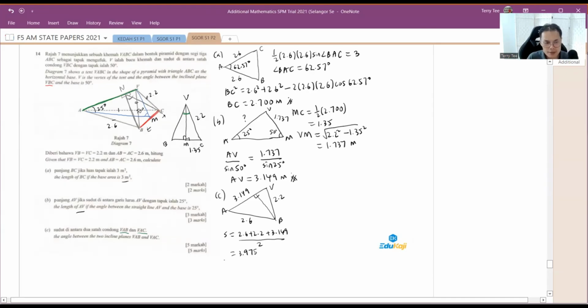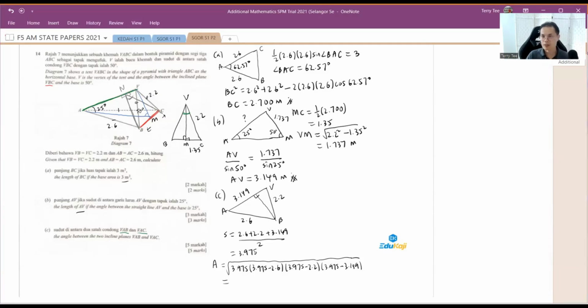Your area, remember, is given by the square root of your semi-perimeter, 3.975, times the semi-perimeter minus the first length, 2.6, times 3.975 minus the second one, 2.2, times 3.975 minus 3.149. Very long.